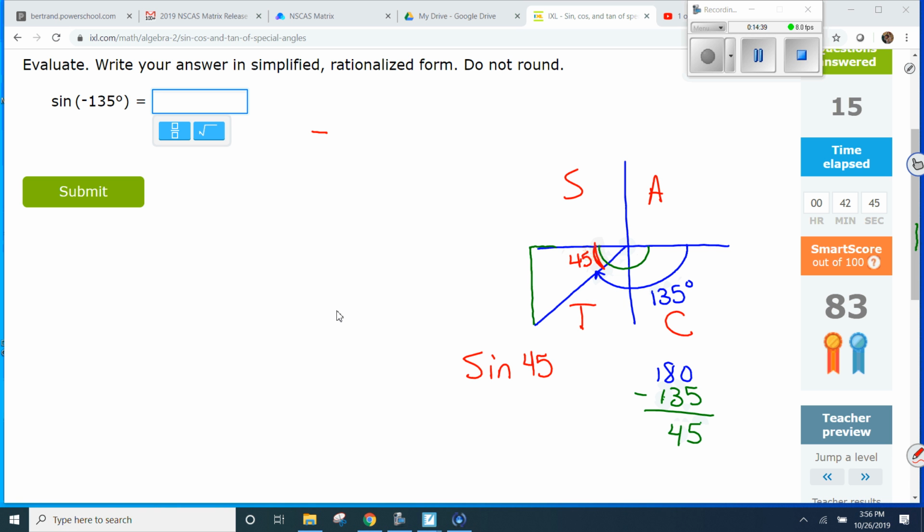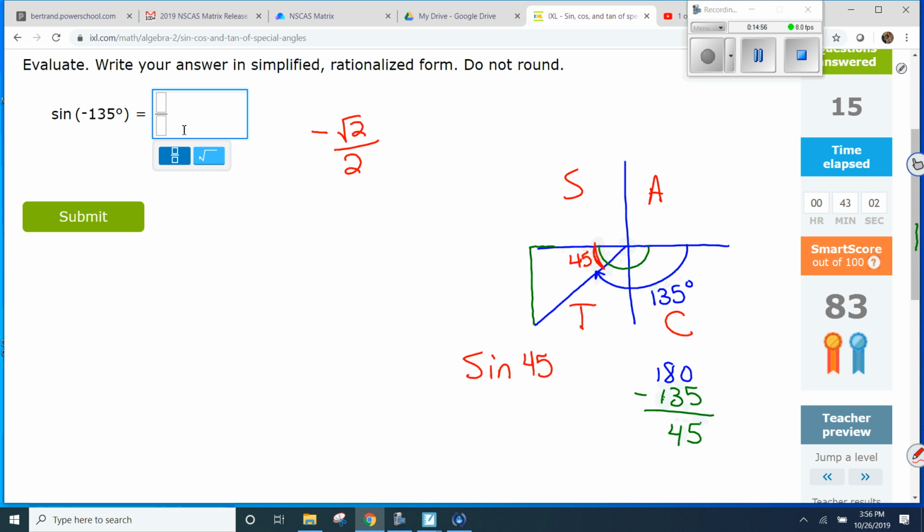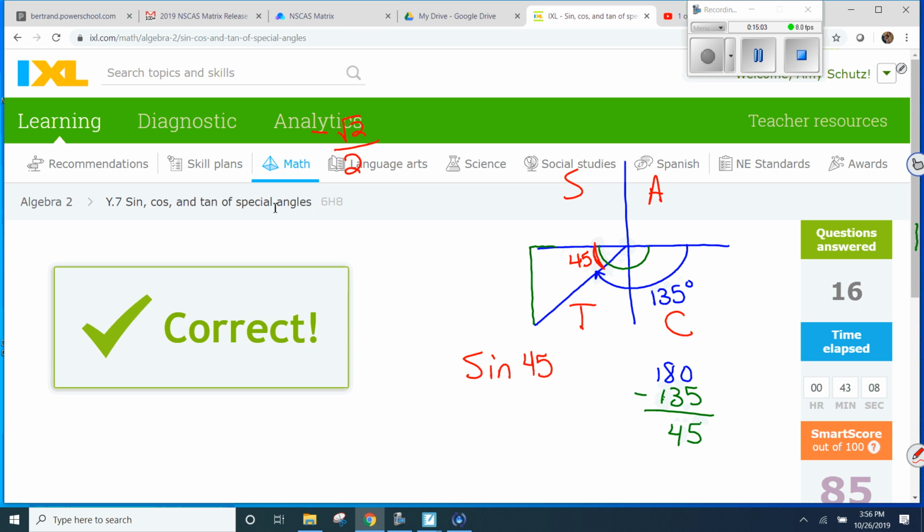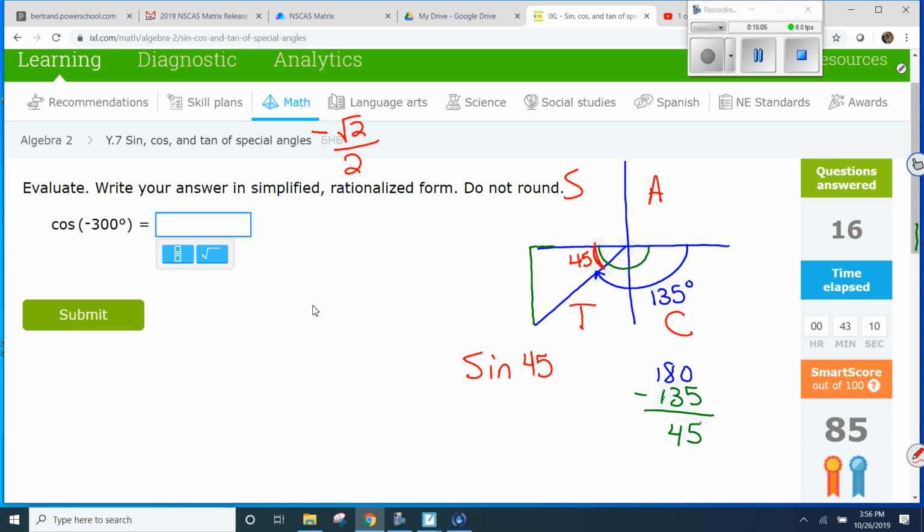So hold up your hand, and if you fold in your middle finger, 45 degrees is going to be radical 2 over 2. And it will be negative because of the quadrant that it happens to be in. So we're going to come here, and it's negative radical 2 over 2, and you get your value.